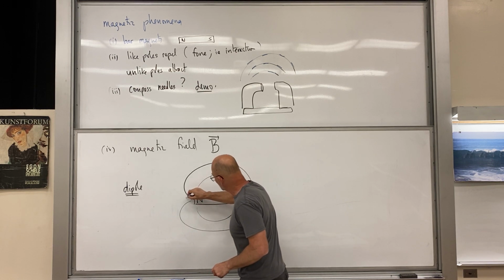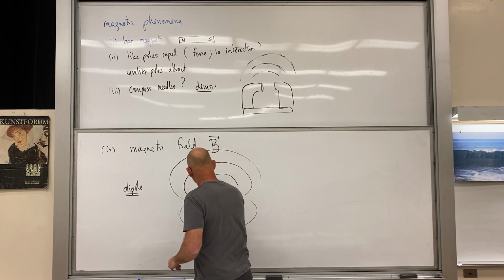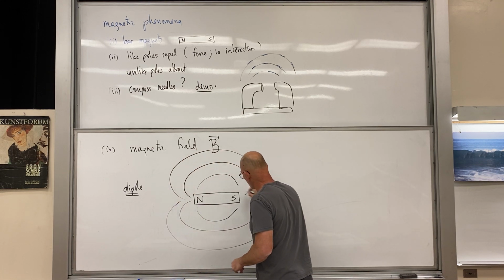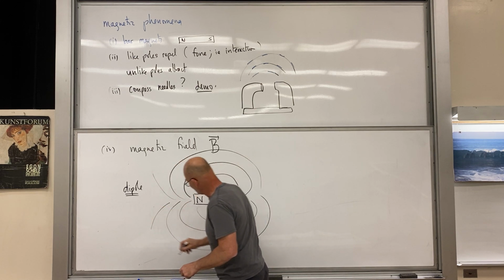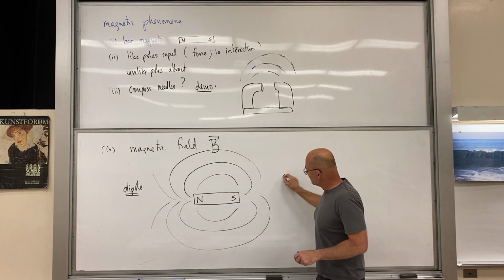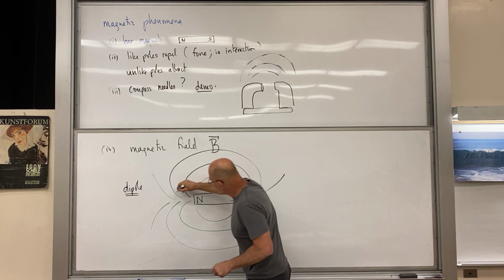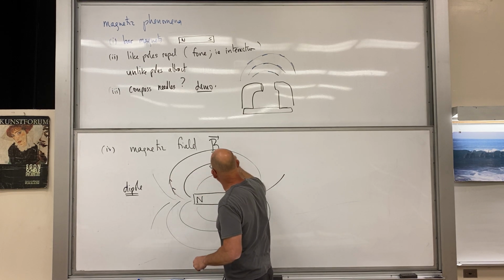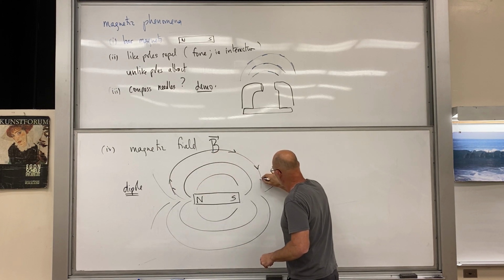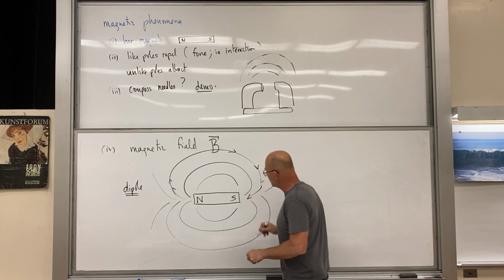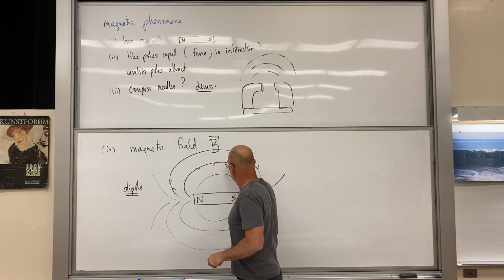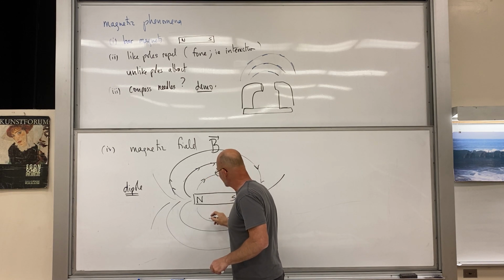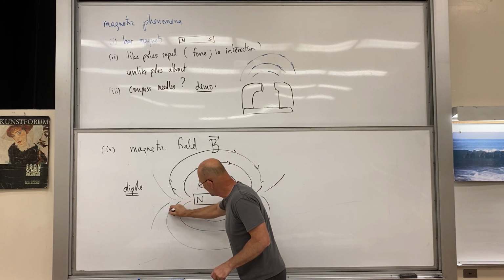This is what I just showed you. This is when we were following the compass needles around. In terms of the direction of the field, it leaves the north pole and enters the south pole. Okay. So that's the magnetic dipole field.